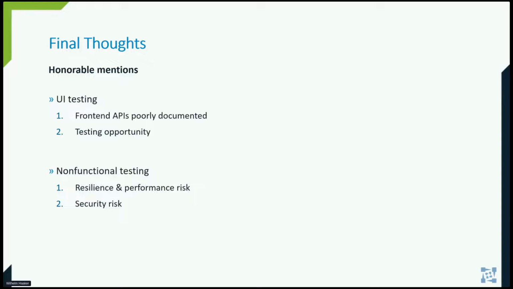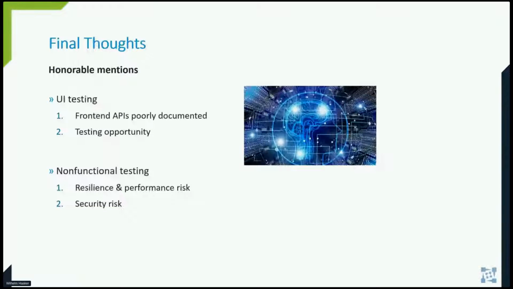And these front end APIs may not be as well documented or well tested compared to the core services in your architecture, but that's even more reason to test them, right? And translating an end to end UI test into its corresponding API test can really be a daunting task if you try to do it manually. But AI is here to really significantly reduce the time investment when you choose the right tools, right? When you have tools with AI to help you.